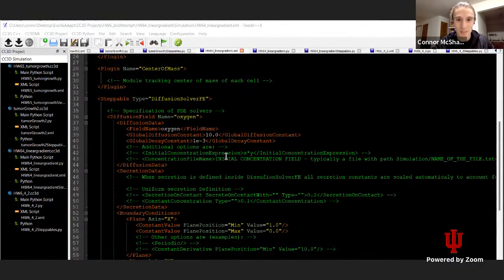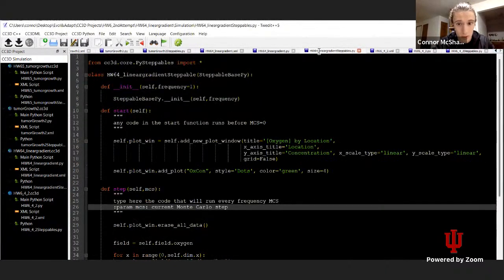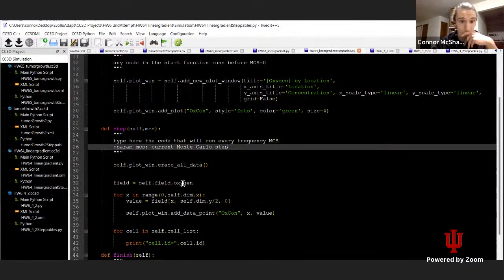Also, just a disclaimer in advance: in the code that I ran before, where I actually had the line moving, I had the global decay constant set to 0, so I just changed that. I haven't run it. But basically, if we go to the plotting, I did it the way that we went over in class last time, where here I'm erasing all data at each step.